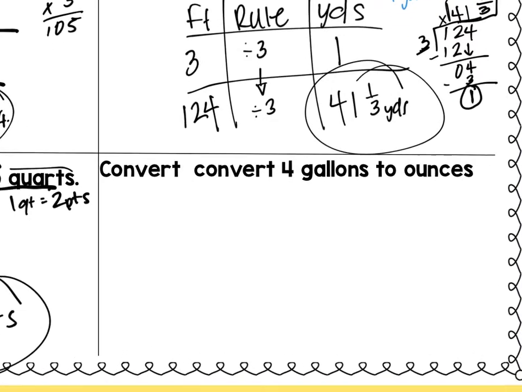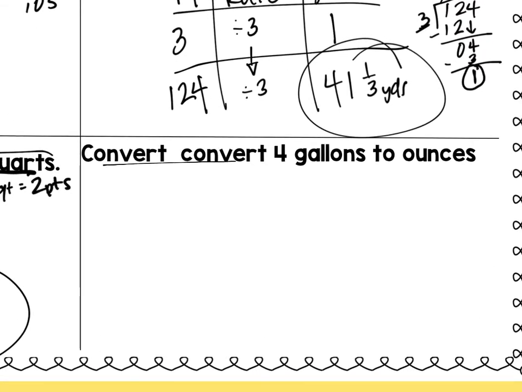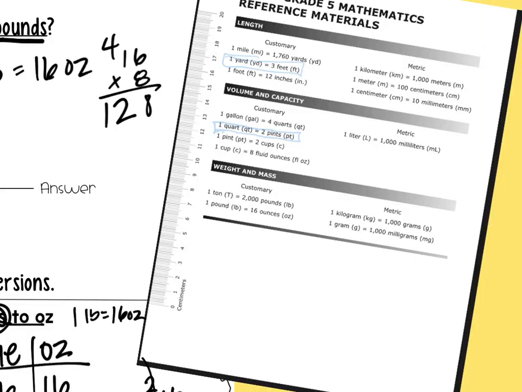For my last conversion, I want to convert 4 gallons to ounces. For this problem, I want to look at our star chart before we look at our tic-tac-toe board, because I just want to point out that when we're going from gallons to ounces, there is not a place on our chart that goes directly from gallons to ounces. There's a few steps in between our gallons and our ounces.